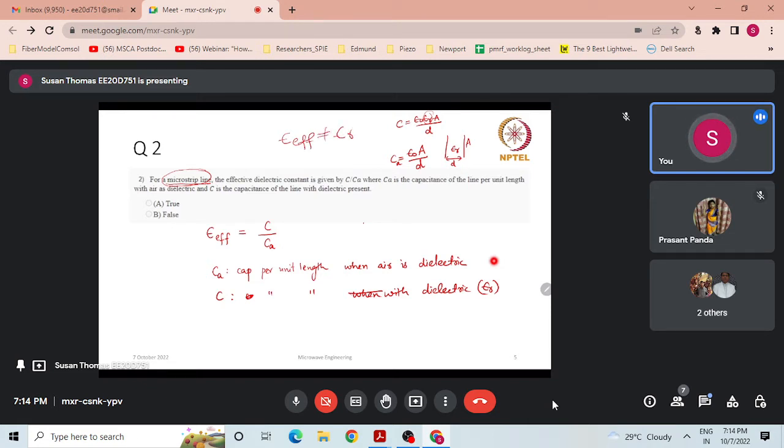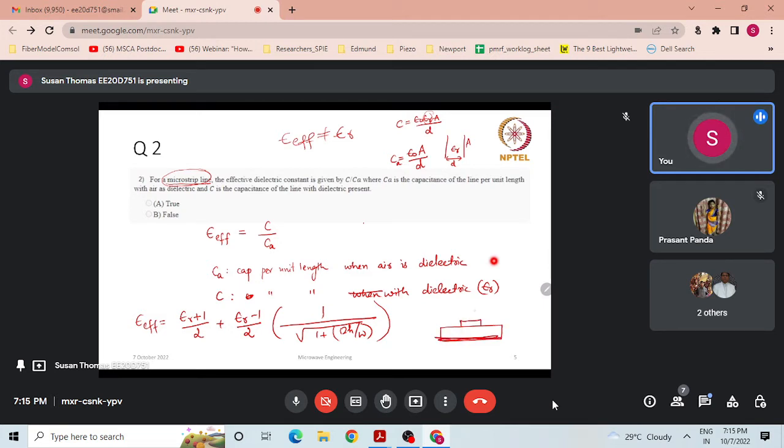In a microstrip line, to be specific, epsilon effective is epsilon r plus 1 by 2 plus epsilon r minus 1 by 2 into 1 divided by root of 1 plus 12h by w. So this is the epsilon effective. That comes because this is the microstrip line with the ground plane here, and this is the strip.